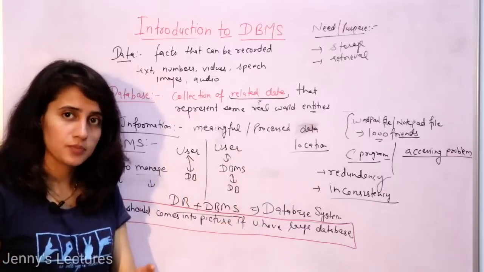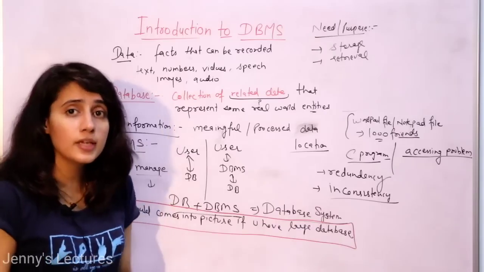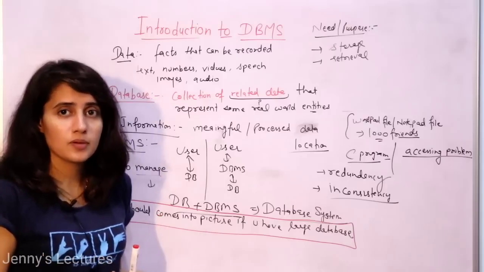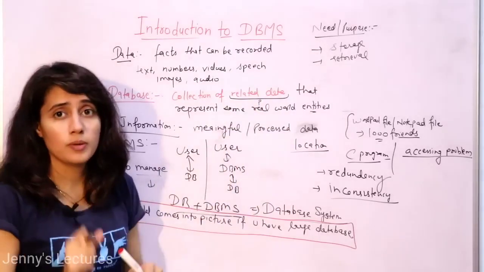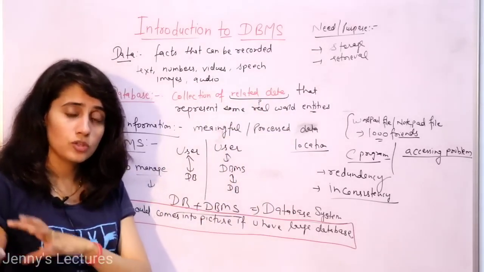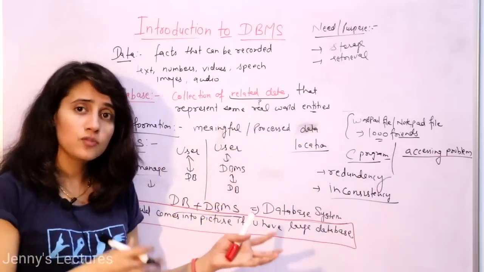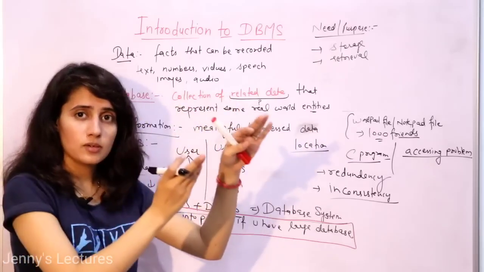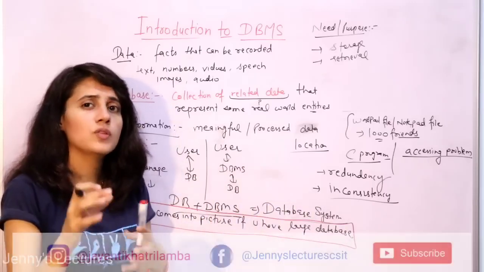Second, how to retrieve, access, and search that data should be optimized, and storage also should be optimized. Suppose a CSE faculty member is also taking a lecture in the EC department. The information of that faculty is not stored in both the CSE and EC departments. In one database, at one place only, the information of that faculty is stored.